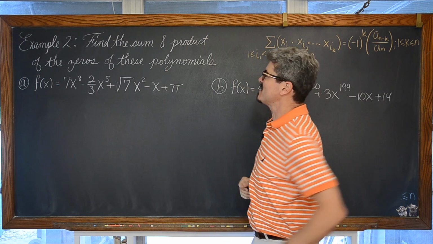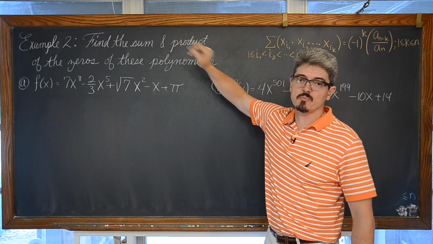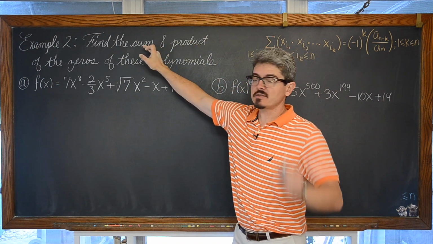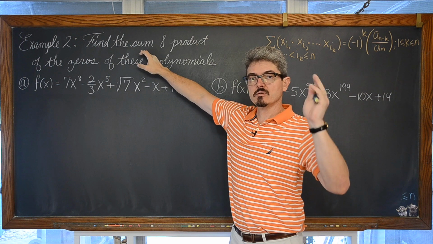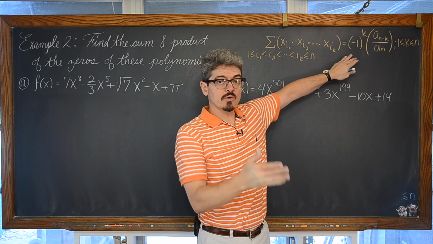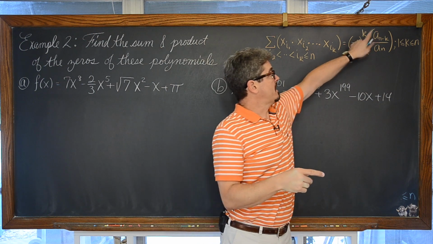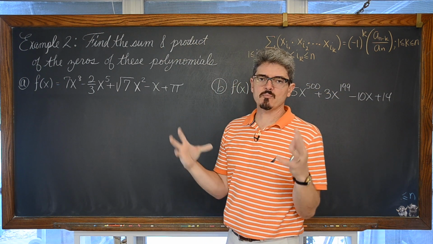So we have, find the sum and product of the zeros of these polynomials. Just the sum, just the product. So we're going to add just single roots or zeros of our polynomial. So we're looking at, for our general rule of Vieta's formula, k is going to be equal to 1. And the product, so just the straight product.